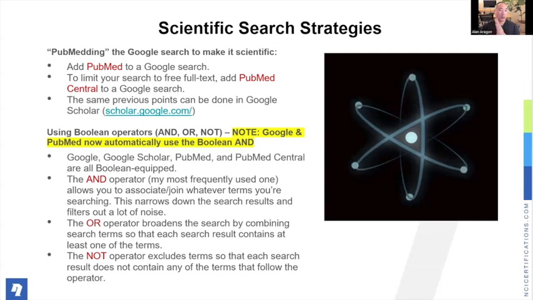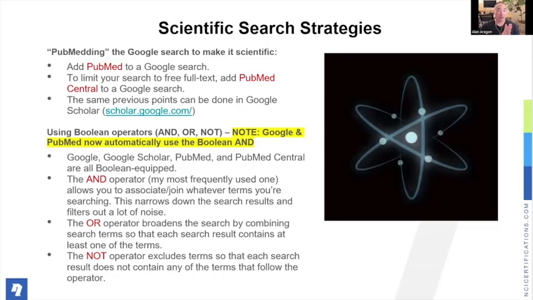If you were to do a Google search on creatine supplementation, that's the search term, then the results that would come up automatically link only searches that include both the terms creatine and supplementation. So the Boolean AND operator narrows down search results.